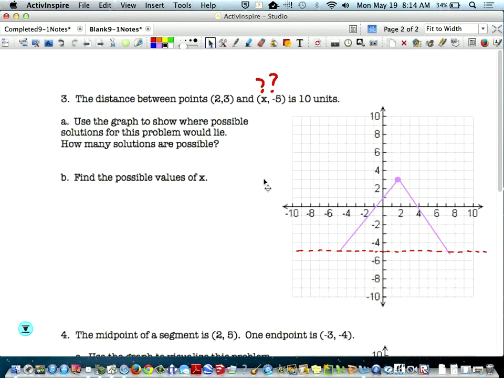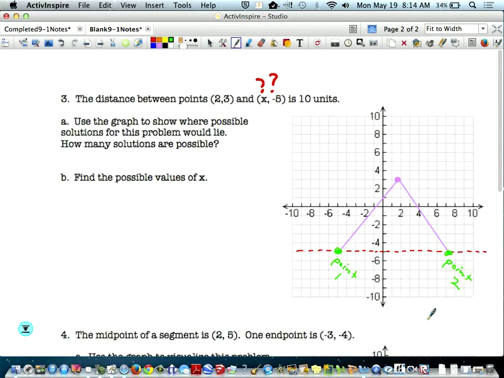What does that tell you about this problem? Should be any of those points. How many? 2. So in this problem, we have 2 locations.